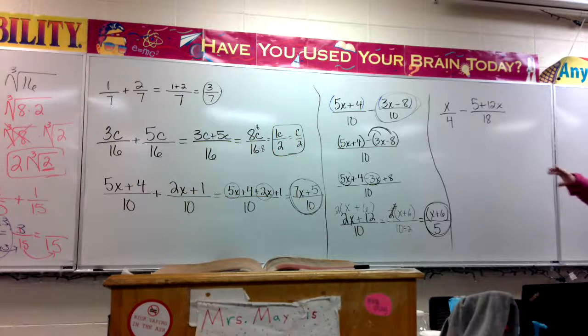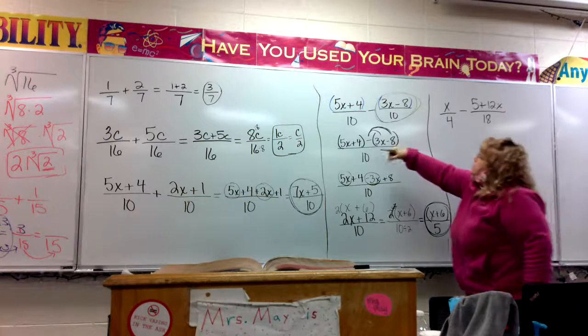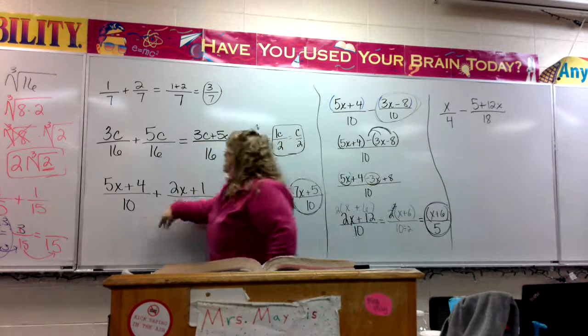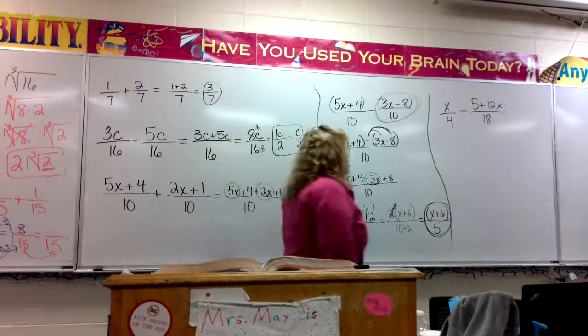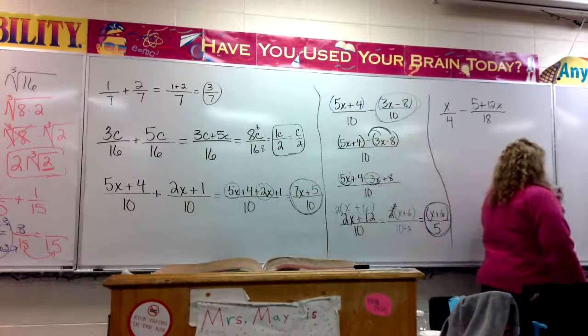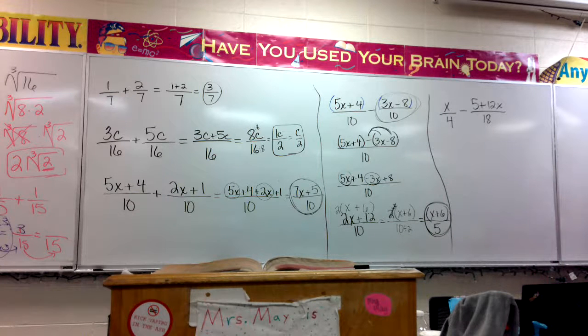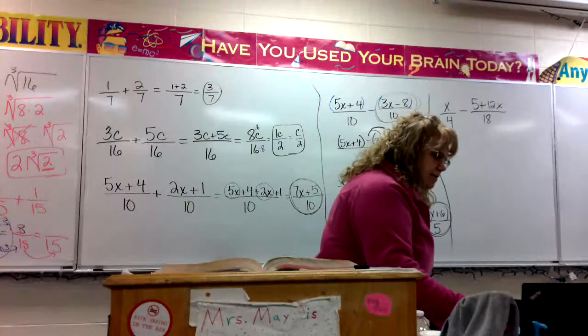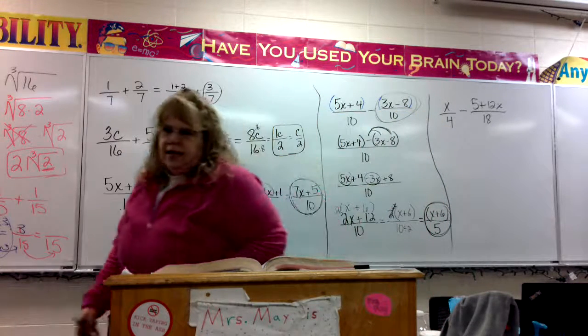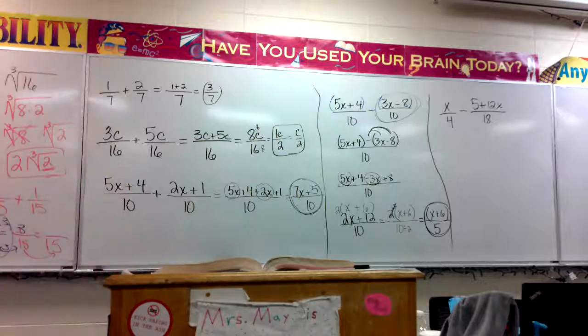Everyone we did so far had a common denominator already. It had 10 and 10, 16 and 16, 7 and 7. Now, 4 and 18. You need to get a common denominator.